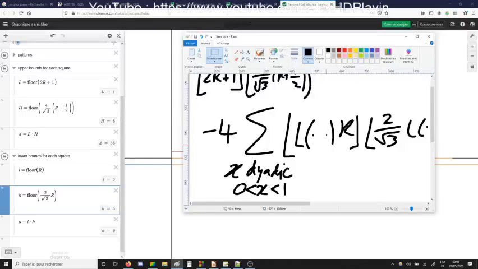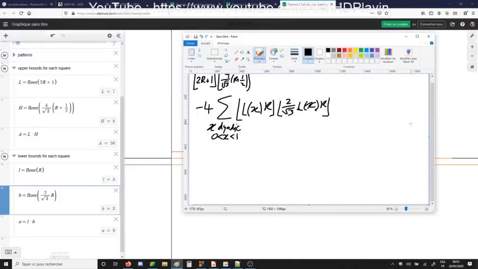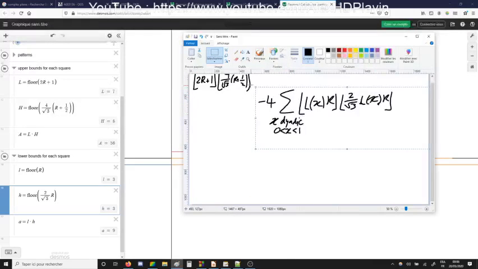Then we would have this, because it's every possible value of x basically, that you know for which L is defined at least. So yeah, we have all of this. So I put this here. I put this right here.